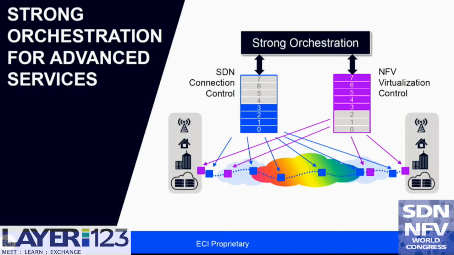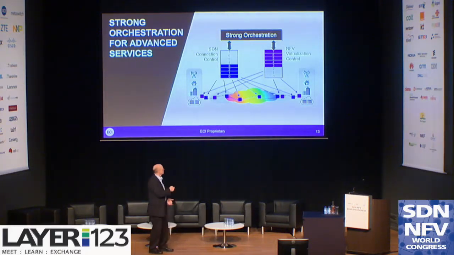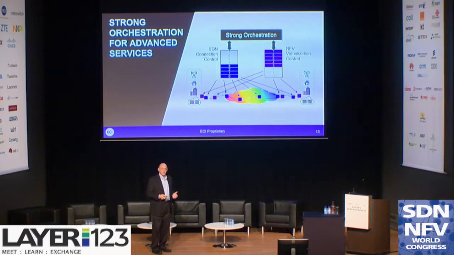We need to be able to address the entire communication stack of SDN, both from an underlay and overlay point of view. And we need to take a look at the NFV stack and how that gets addressed throughout the network in terms of pulling together the connectivity with the virtualization in terms of service chaining very quickly to deliver these agile advanced services.